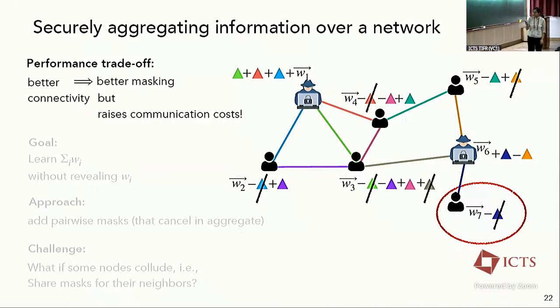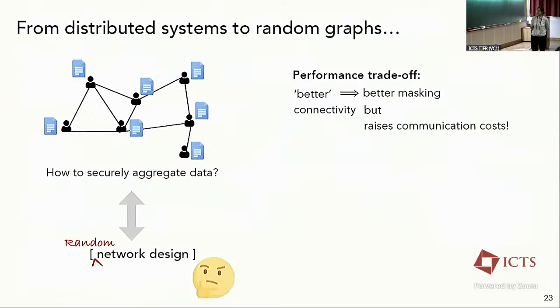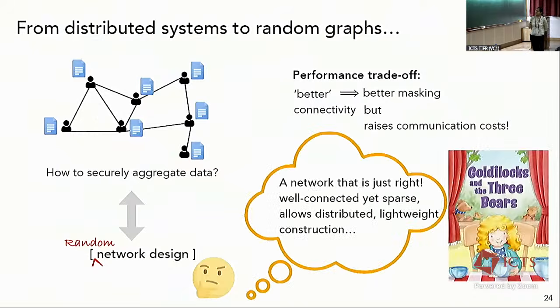So one of the innovations that has come up in this area is to go from complete graphs to graphs like regular graphs, something that could have good connectivity without requiring too many edges. So there is this inherent trade-off.